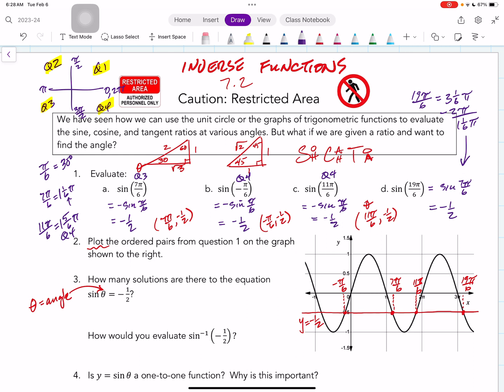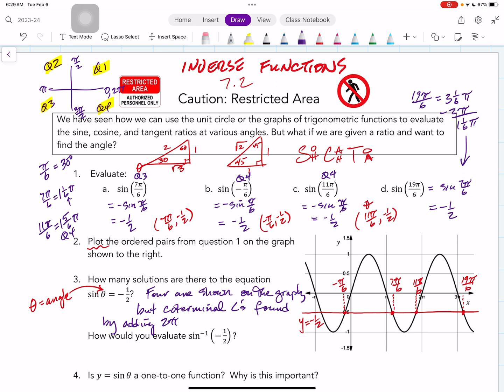However, 4 are shown on the graph, so I'm going to respond this way. 4 are shown on the graph, but there are infinitely many because we can add multiples of the period, which is 2π, and get coterminal angles, which would give you the same value of negative 1/2.